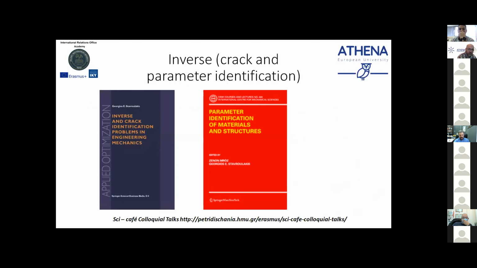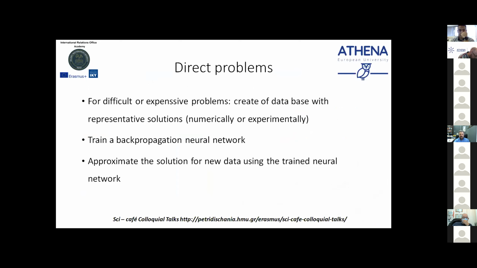We have some older publications, and now the direct problem, the extension of the previous work in order to approximate the solution of direct problems. We're talking about expensive problems to be solved. That means nonlinear, complicated problems.